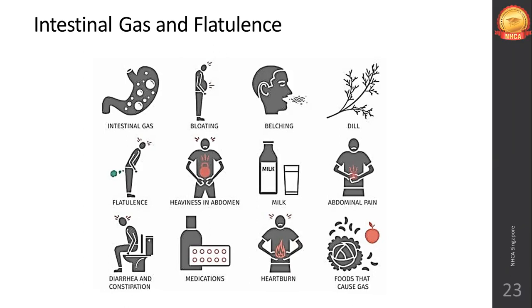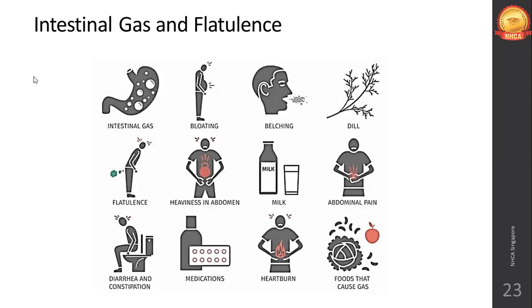Heartburn, acidity, and there are foods that cause gas. For example, cabbage, cruciferous food, and sulfur-containing food, foods that have a strong pungent odor and taste, like onions and garlic. They can also lead to gas formation.